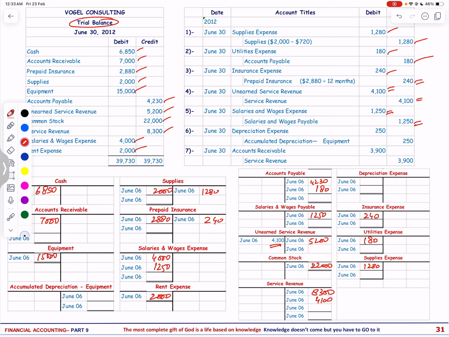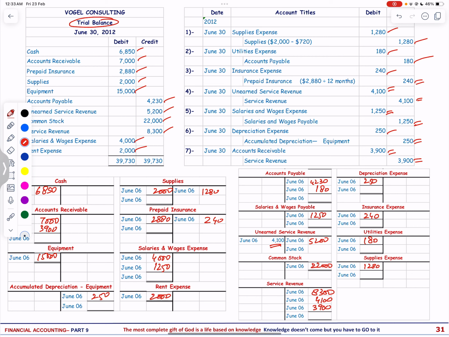Then depreciation expense is 250. Accumulated depreciation is credit by 250. Accounts receivable is debit by 3900. And finally service revenue is credit by 3900.